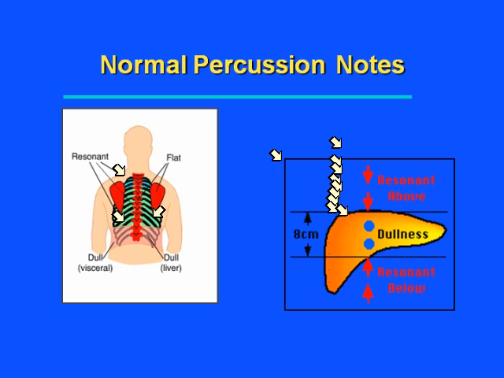And as you percuss over this area, you will get a different note from when you were percussing over the lung. Now this, I think, is a bit of a misnomer on this slide. As you get below the liver, you may then get what I call a tympanitic sound if you have air-filled bowel there.